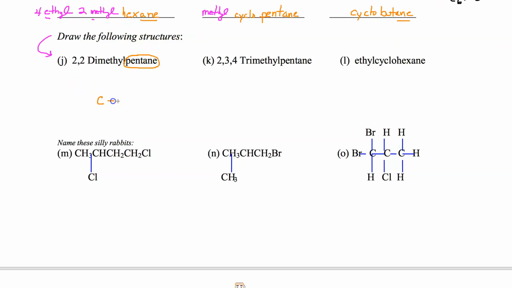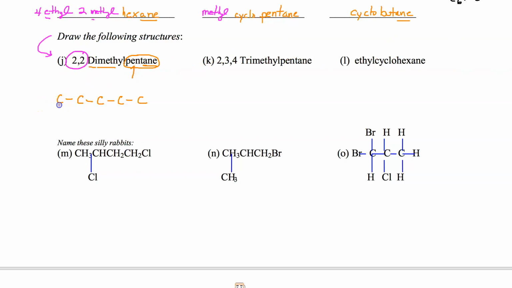1, 2, and I didn't plan this out, 3, 4, and 5. Now I knew they were single bonded, so I had 5 carbons for the pent. Ane is single bonded between the carbons, and I have a dimethyl. I have 2 methyl groups. Methyl groups are CH3s, and it's telling me they're both on the same carbon.